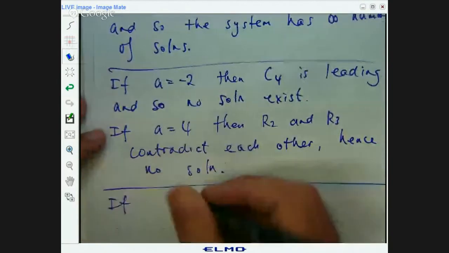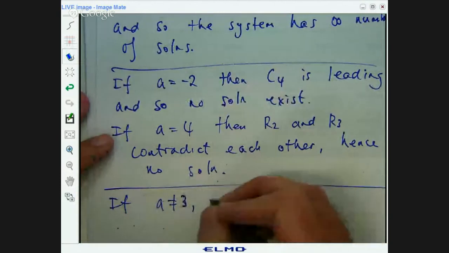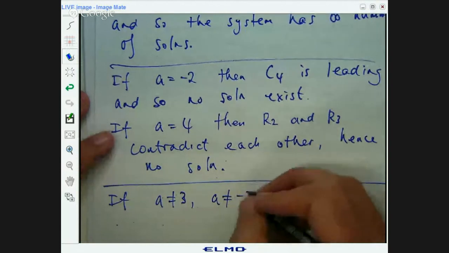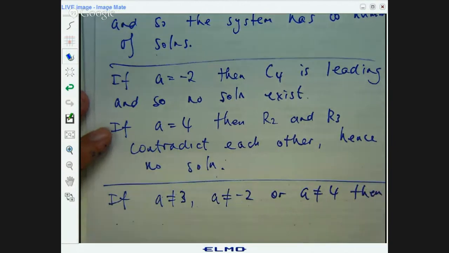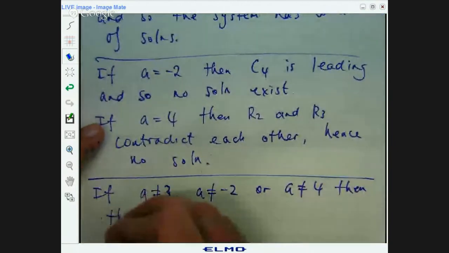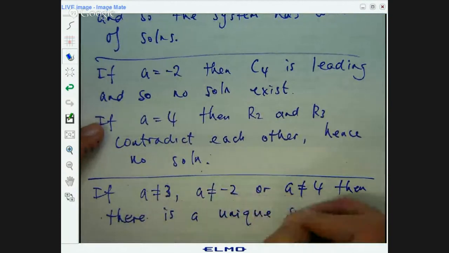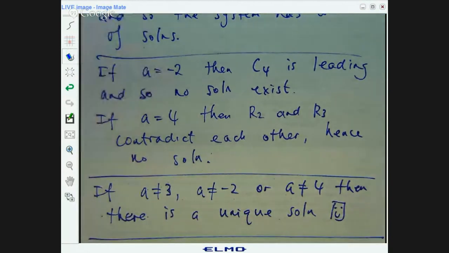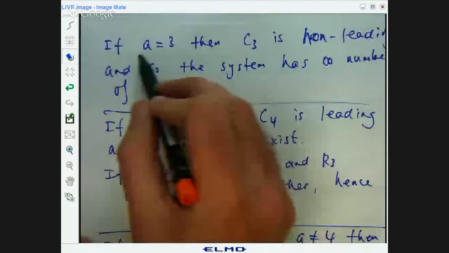So the things that are left over, let's write that down. Then there is a unique solution. Okay, great. So let's just highlight that a bit more. There, there, and there.